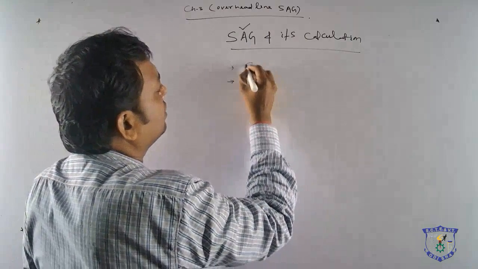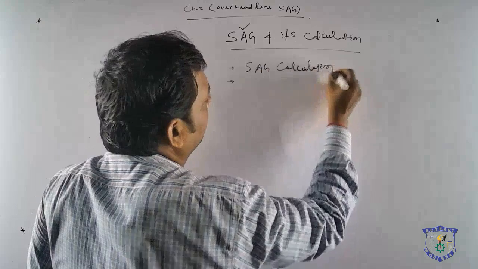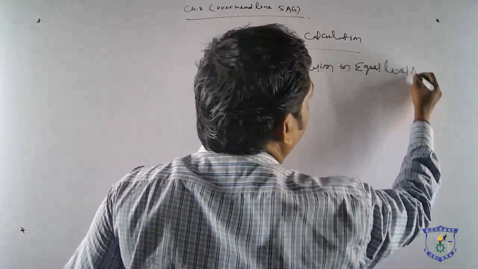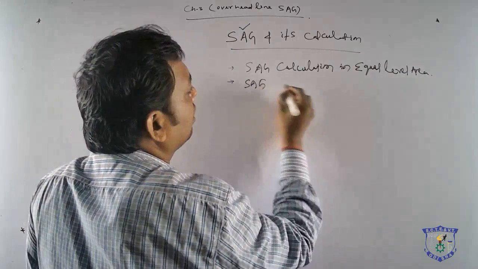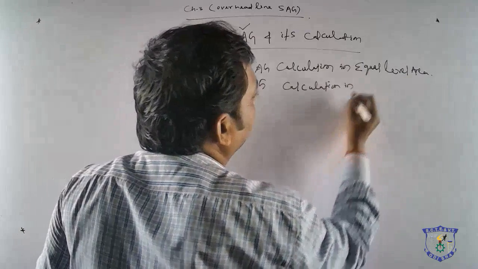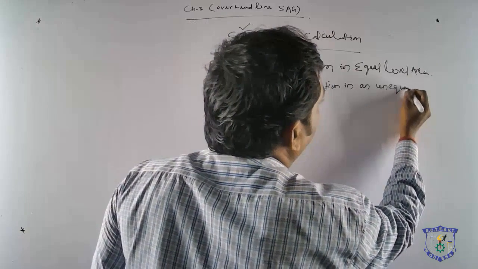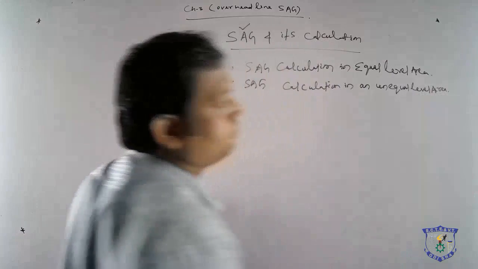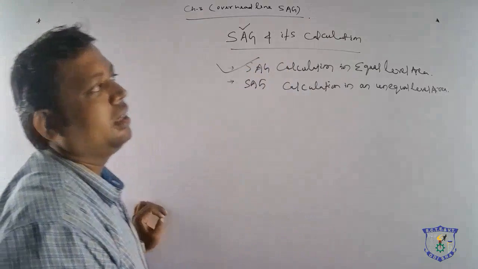One is sag calculation in an equal level area, and the other is sag calculation in an unequal level area. Okay. Today I will discuss the sag calculation in an equal level area.